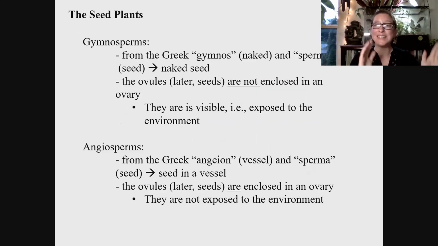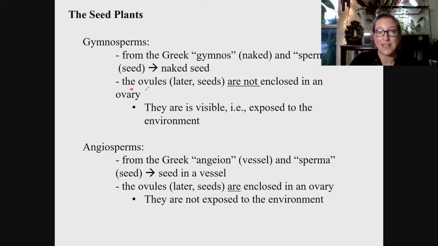So, as I said, flowering plants are called angiosperms. Before we can learn about the gymnosperms, we have to get a couple of terms down. Gymnosperms comes from the Greek for naked sperm, where sperm refers to seed. So the word gymnosperms means naked seed. What does that mean?